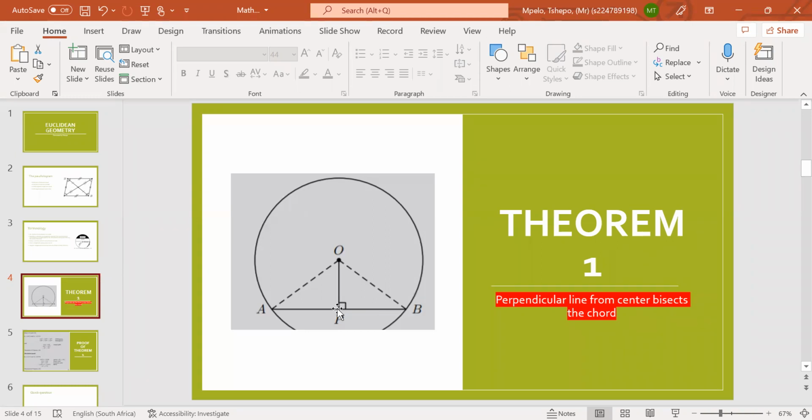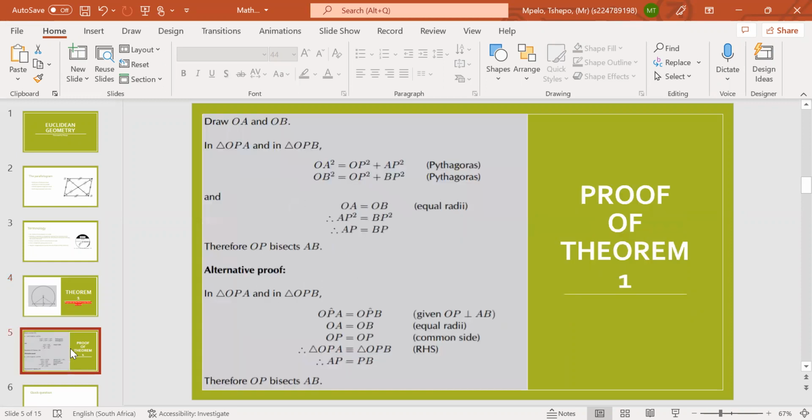We have proved that the chord is bisected because AP is equal to BP according to our proof. That is how you prove theorem 1. So the conclusion is the perpendicular line bisects the chord. That perpendicular line should come from the center. Yes, that is your proof for theorem 1.